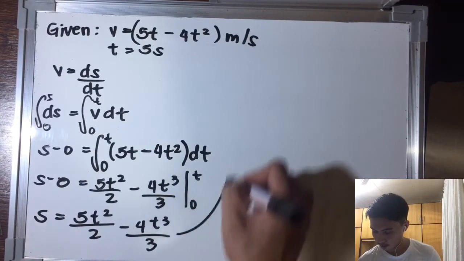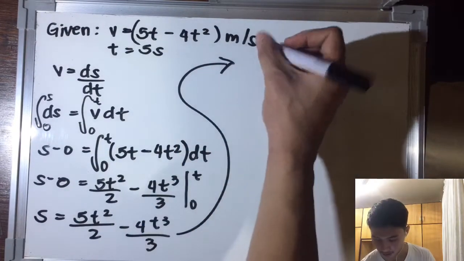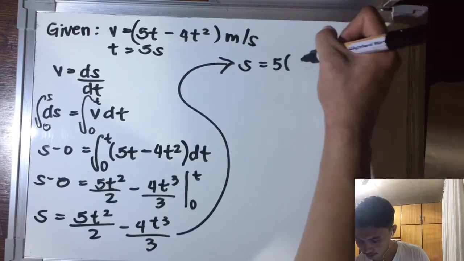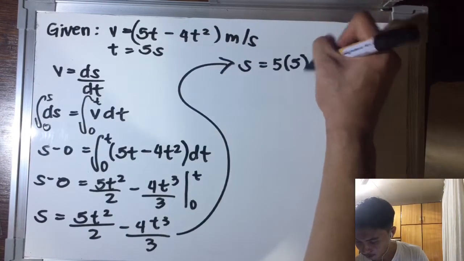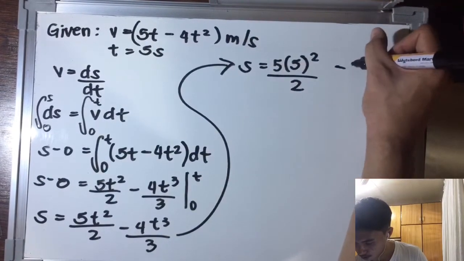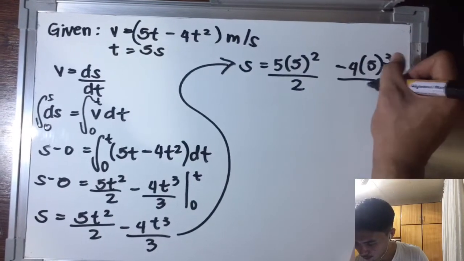So the next thing that we are going to do is substitute the value of t, or our time, which is 5 seconds. So in our equation, substitute 5 squared over 2 minus 4 times 5 cubed over 3.